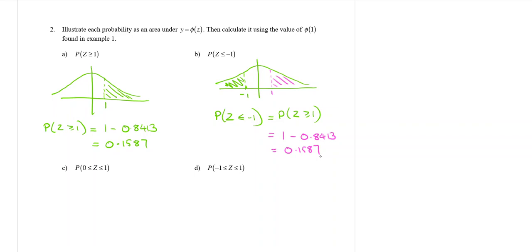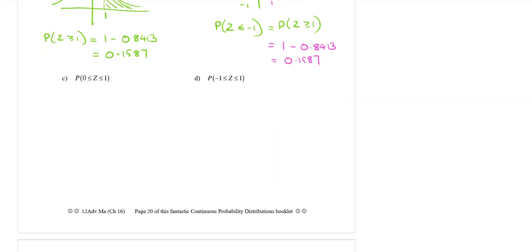Okay? Question C. I want the probability of a Z score between 0 and 1. Although if I use my empirical rule, then I would know that already. But using my results that I've got here, 0 there, 1 there. I'm wanting that bit of space in there. I know from part 1, because we're meant to be doing all this in reference to question 1, that that whole bit in blue is the 0.8413, right?